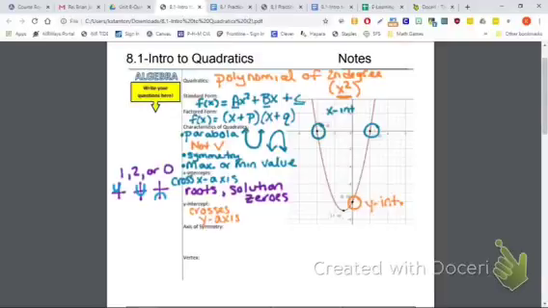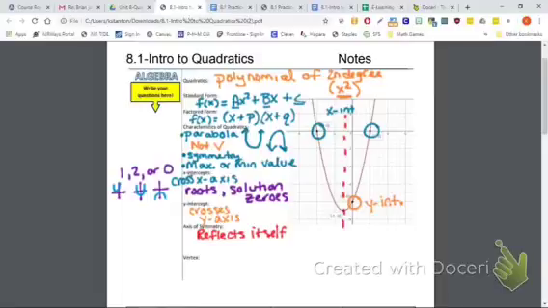Now, the axis of symmetry. This is where the quadratic will reflect itself. What you see on one side of this axis of symmetry, you will see the exact same thing on the other side. This is an imaginary line. Now, the one thing, again, guys, I said imaginary.